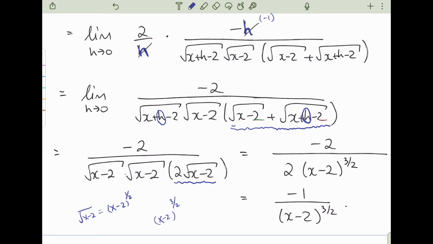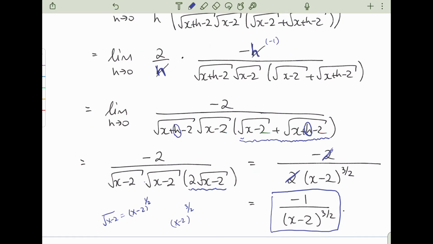And that is our final answer. I should say cancel this 2. This 2 cancels with this 2. That's not very difficult to notice. So that is our question 4.